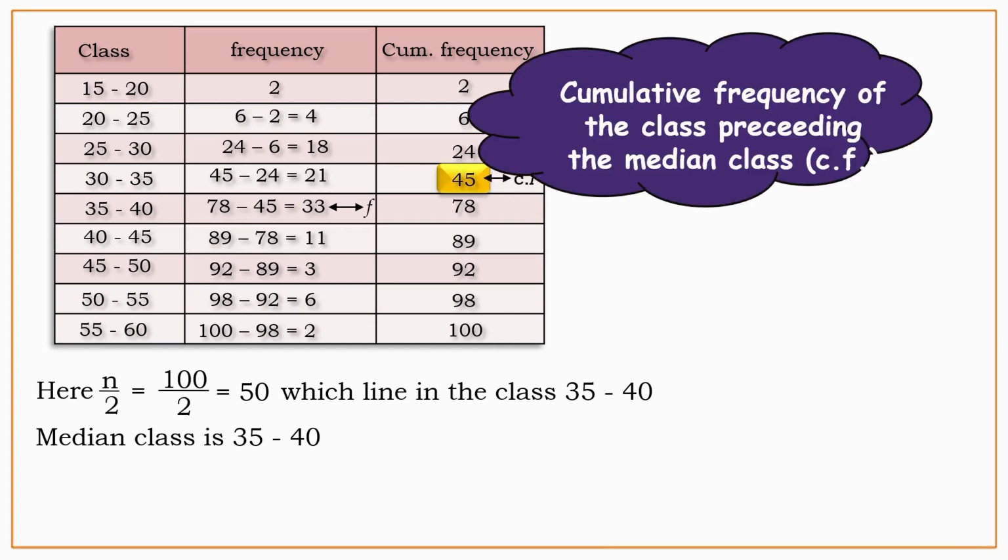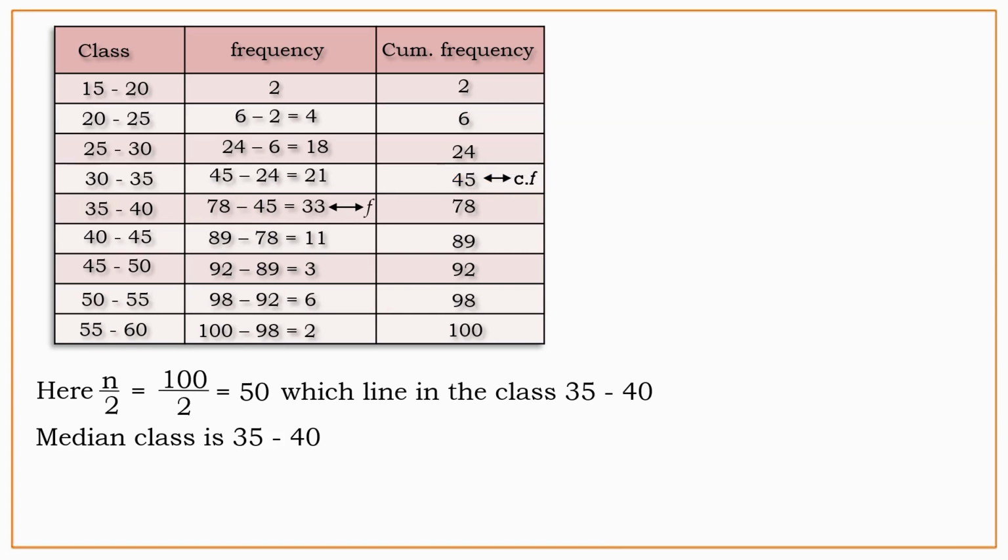Now the cumulative frequency of the class preceding the median class is going to be the CF. So here 45 is the CF. And what is the L? That is the lower limit of the median class, that is 35 over here. What is H? That is the difference of the lower limit of the subsequent class interval, so that is going to be 5, because 20 minus 15.